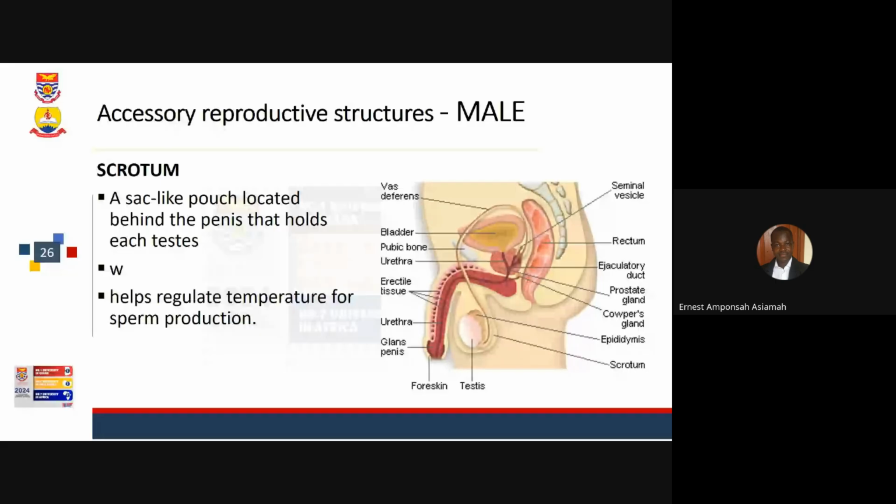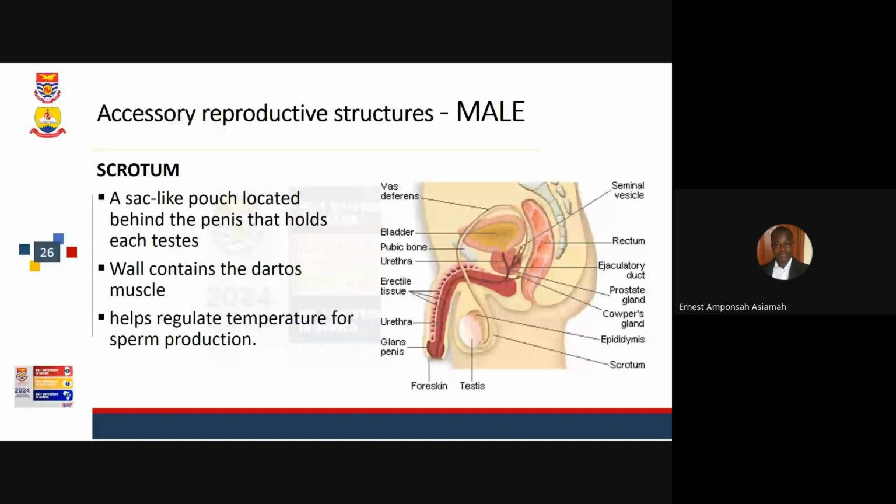So the wall contains the dartos muscle, and whenever the body temperature becomes very warm, this muscle will relax so that the wall of the scrotum would actually lengthen. Then the testis will also drop. Okay.